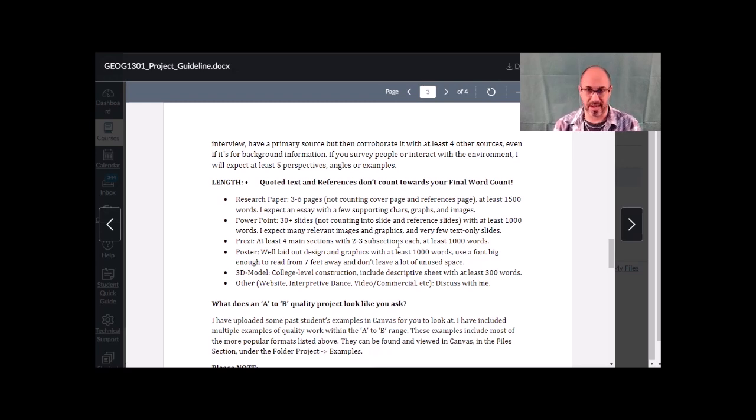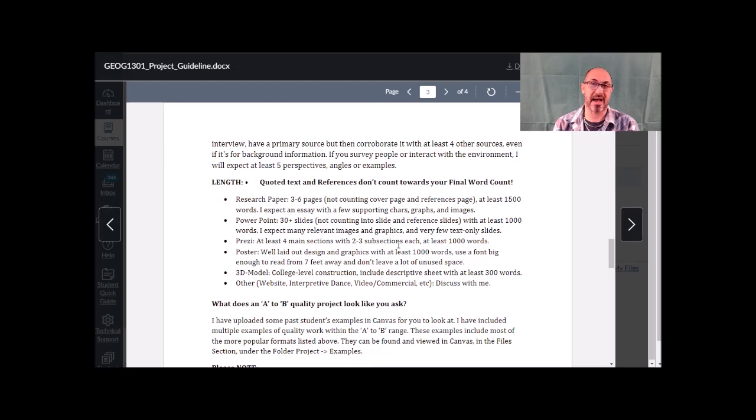So if you're writing a research paper, you should have at least, at the minimum, 1,500 words. Okay, that doesn't include your cover page or the references section or any appendices. All right, and if you hit exactly 1,500 words, that should be the most well-written, highest quality paper I've ever seen to get credit. Okay, I encourage you to write more than that.